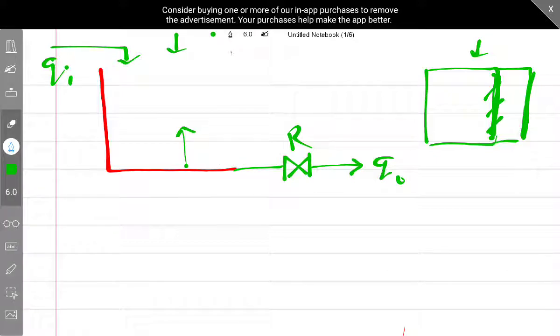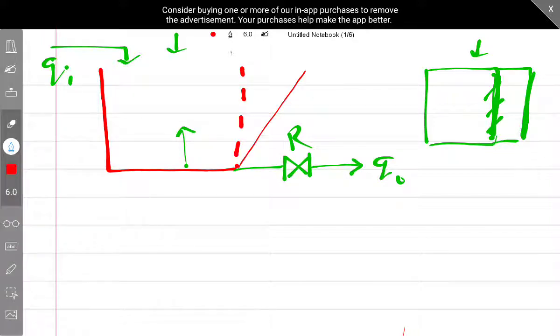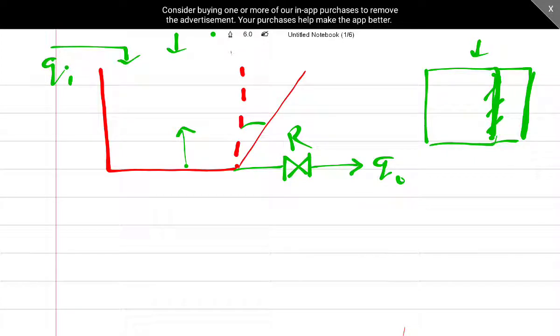For this purpose, again I am drawing this. So this angle is alpha.